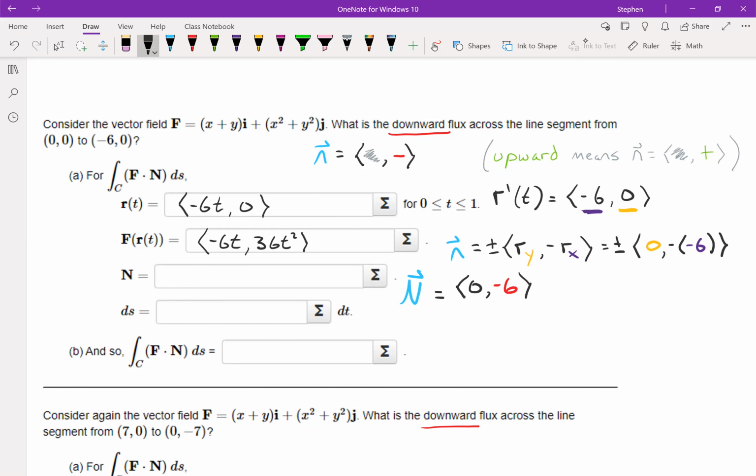So I want my y component to be negative, which means of the plus or minus options, I'm choosing the minus option. And it needs to be the unit normal vector. So I'm going to divide this thing by the magnitude of that vector: the square root of 0 squared plus -6 squared.